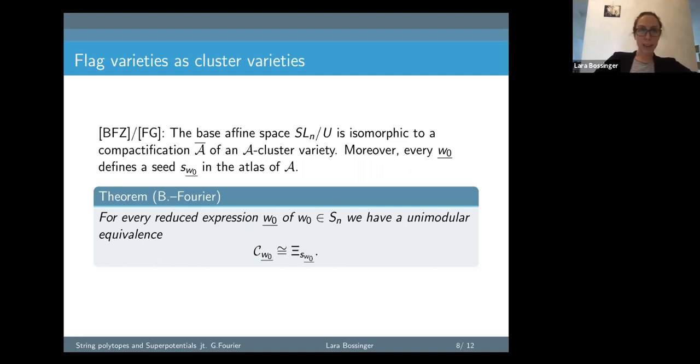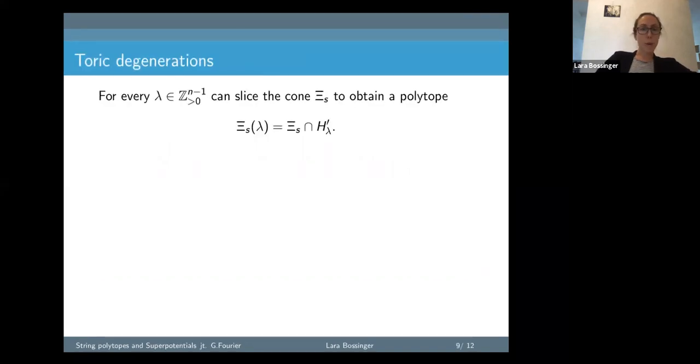So in particular, these rings are closely related, and this is how we can pass from the toric degeneration of the base affine space to a toric degeneration of the flag variety. So how does this look on the level of the polytopes and cones? There is a hyperplane for every dominant integral weight.